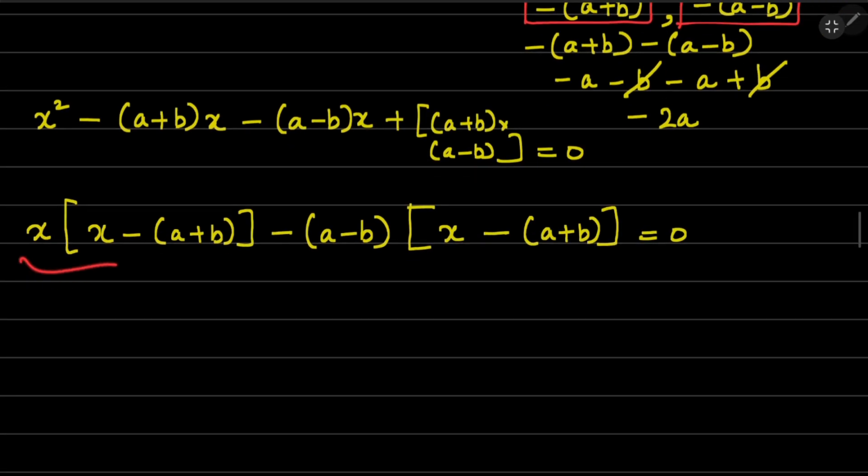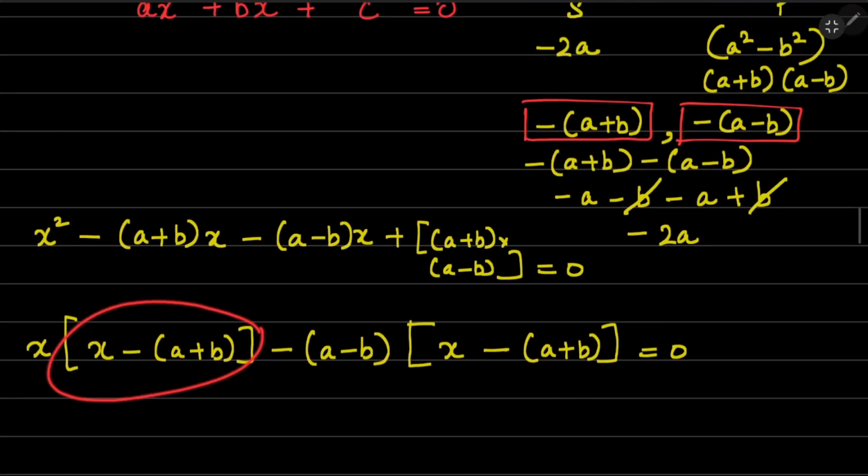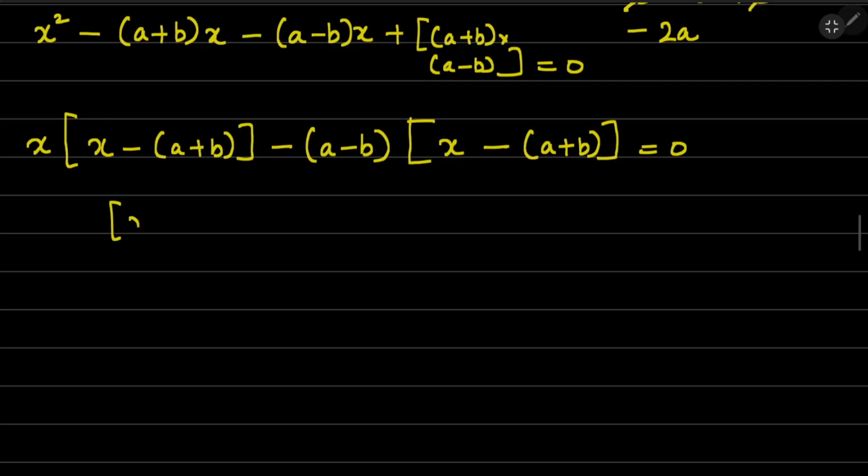Now x minus of a plus b is common in both terms. Taking that common, what is left is x minus a minus b, equal to 0.